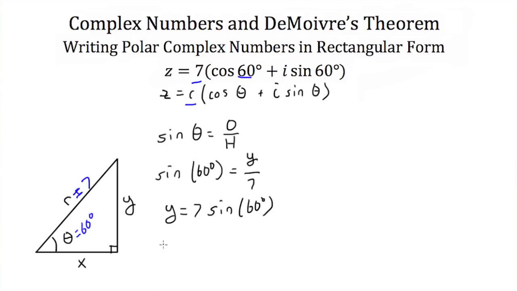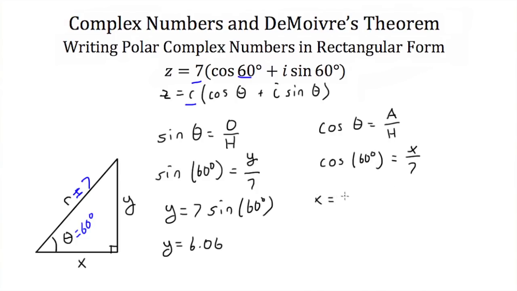And this is equal to approximately 6.06. For my x value, well, I know the cosine of theta is equal to the adjacent side length over the hypotenuse. So the cosine of 60 degrees is equal to x over 7. So x is equal to 7 times the cosine of 60 degrees. And we'll find that x is equal to 3.5.